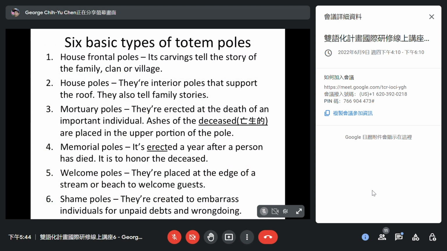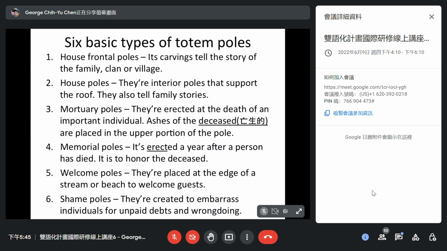Next we have memorial poles. These poles are erected a year after a person has died. Memorial means 纪念性的, and this memorial pole is to honor the deceased, 往生者. Next we have welcome poles.